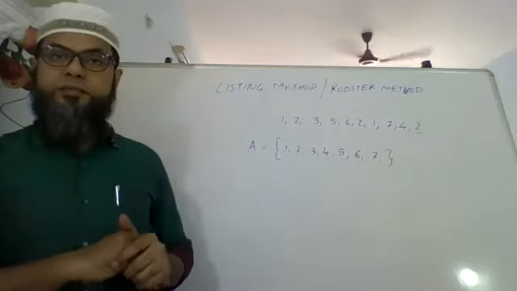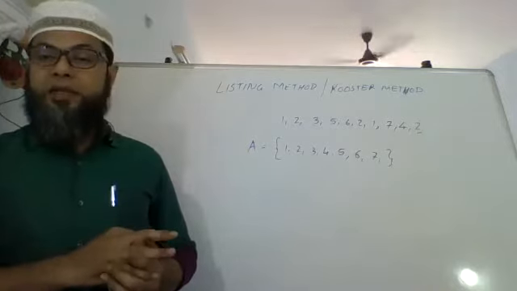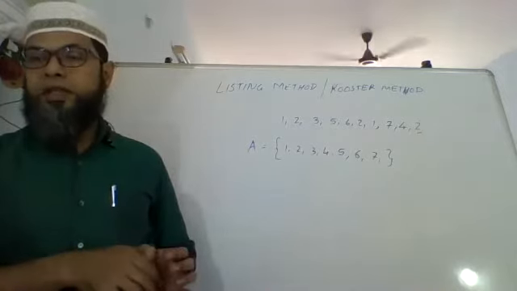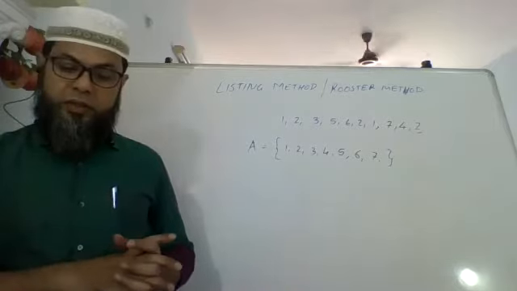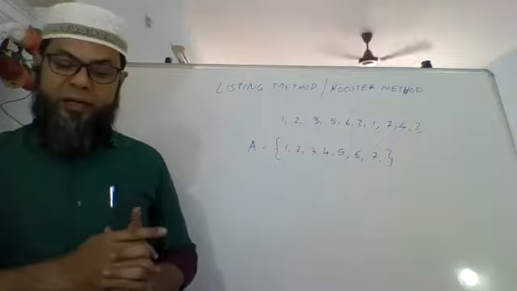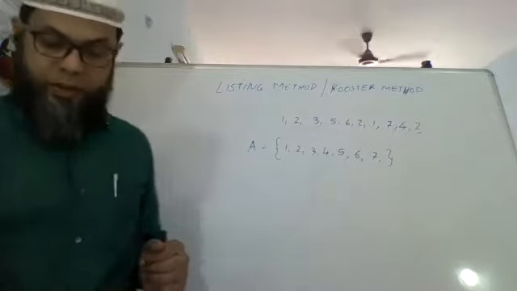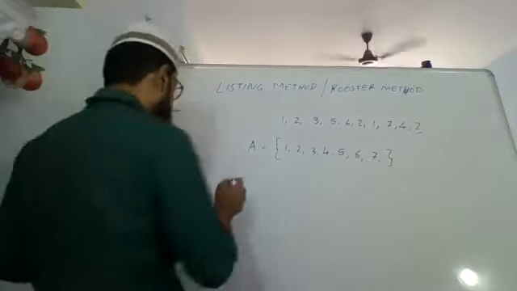Is this clear? This is called listing method or roster method. Okay, you write the elements only once. Now for example, let's say you all write this.